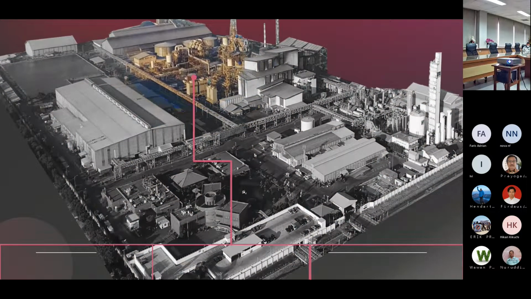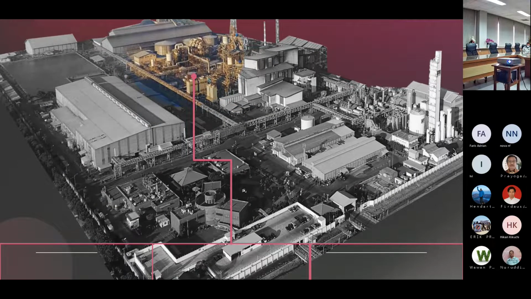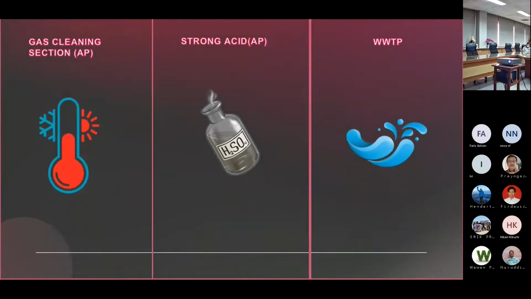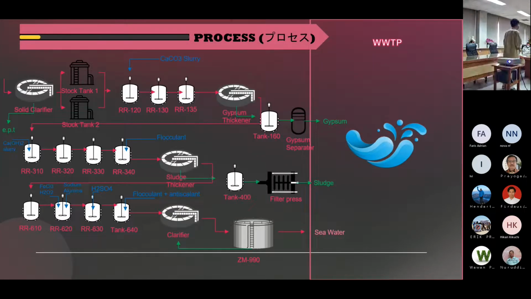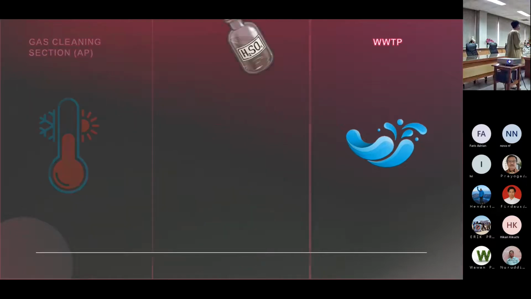Okay, and then the acid plant. There are three sections in the plant: gas cleaning section, strong acid, and WWTP. Gas cleaning section and strong acid are classified as acid plant, but WWTP is a separate part. Why?